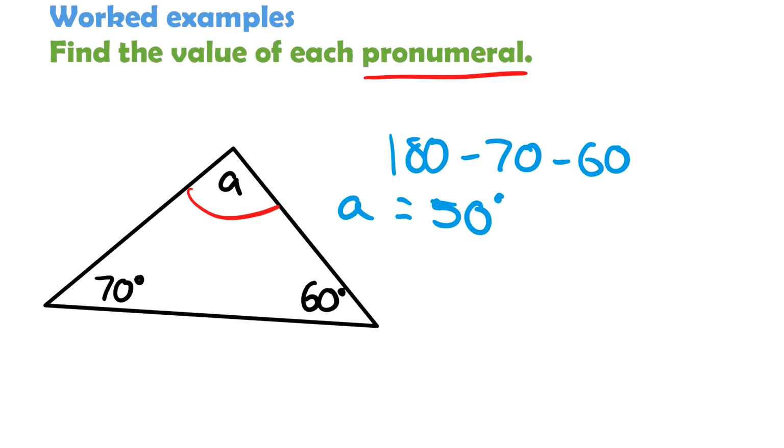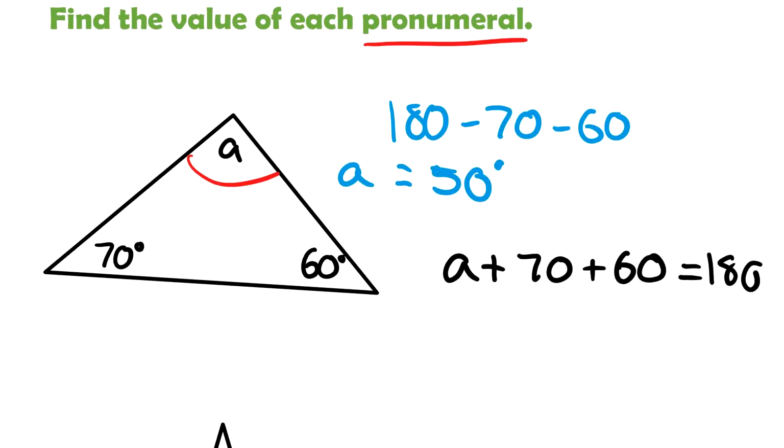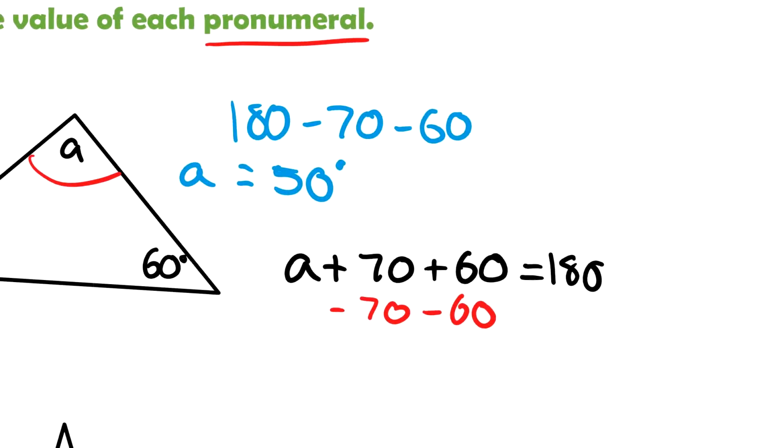You can do it algebraically as well, where we go, well, I know A plus 70 plus 60 equals 180. Now I know my opposites, so minus 70 minus 60, and I do that over here to the other side, minus 70 minus 60.